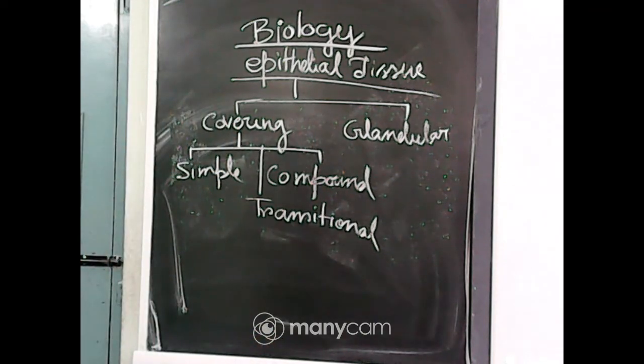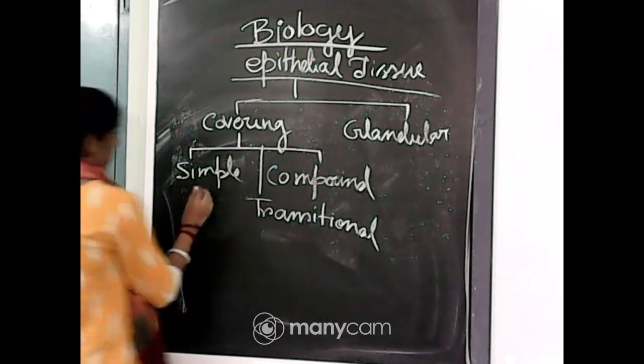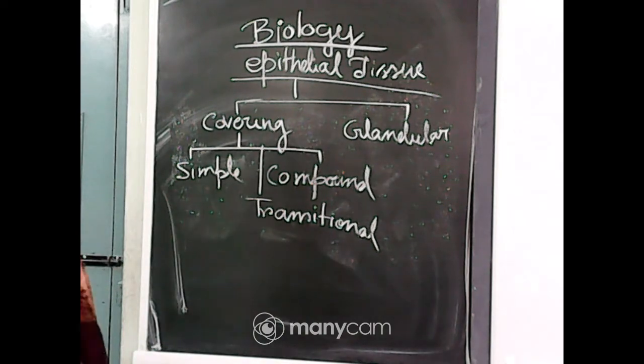Under simple epithelial tissue, we will get four main types.